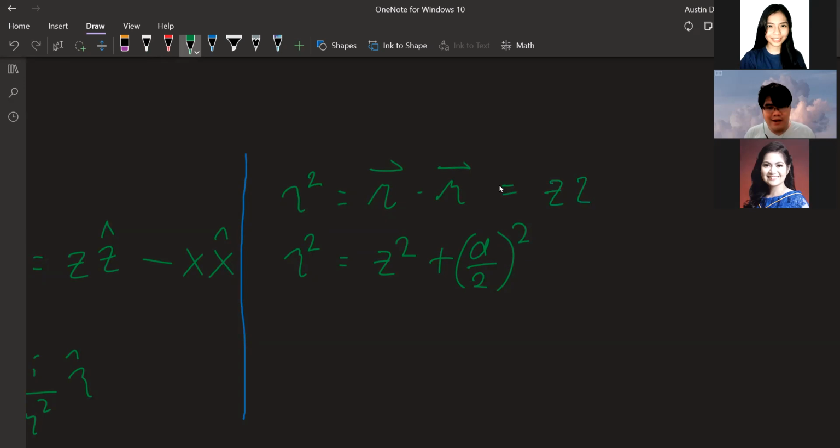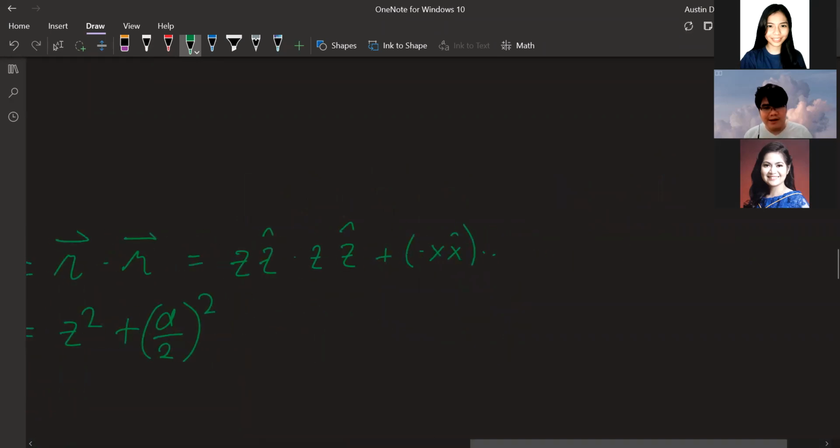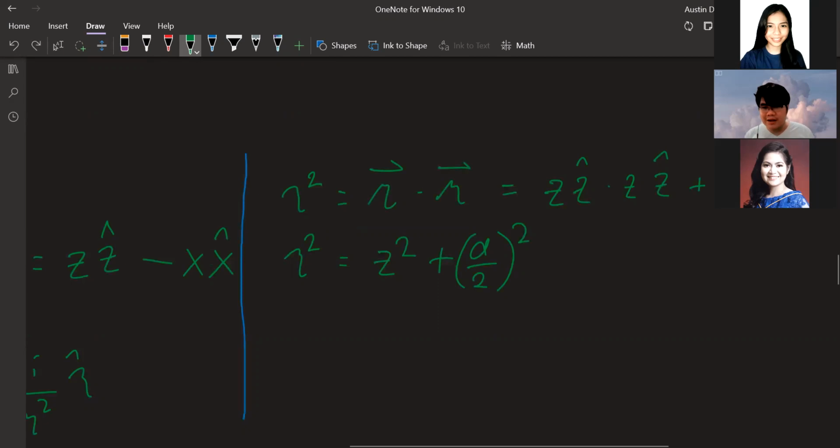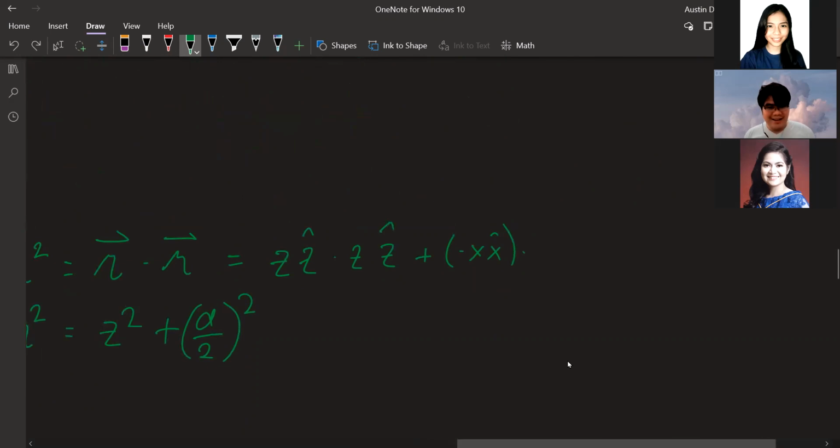So z hat dotted with z hat plus negative x hat dotted with negative x hat.